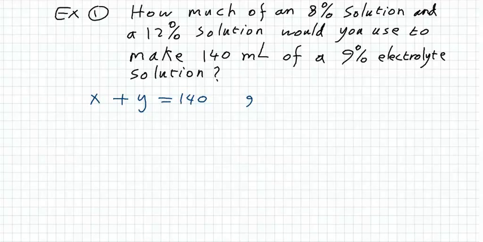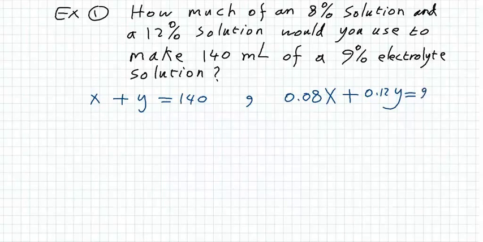And also we can understand that the solution with concentration 8%, so 8% of the quantity of the first solution, if it is added to the 12% concentration of the quantity of the second solution, this will give us a concentration of 9%, which we can write as 9% of the 140 milliliters.